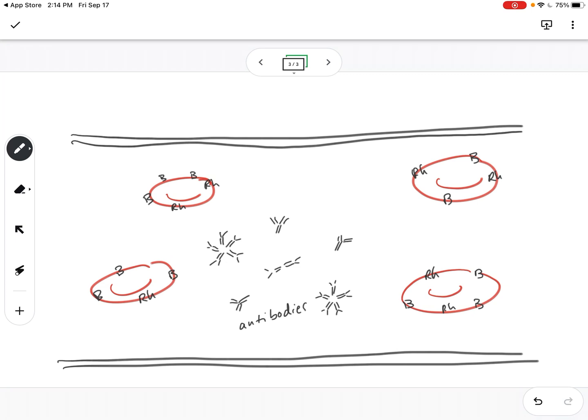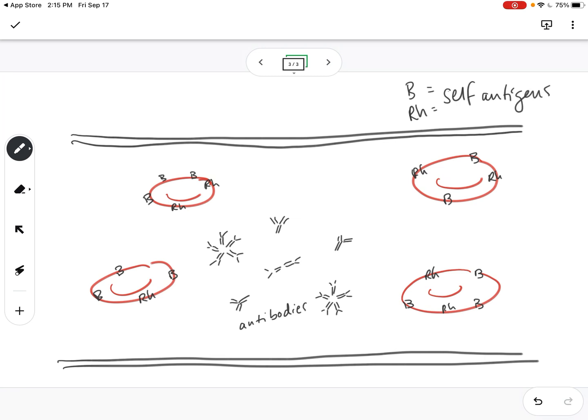Now, antibodies are what your immune system uses to flag or tag things that don't belong in the body, that are not part of the self, that are not part of that patient's body. So for our patient here, B antigens and rhesus antigens are self.